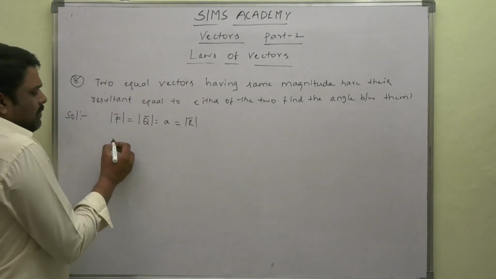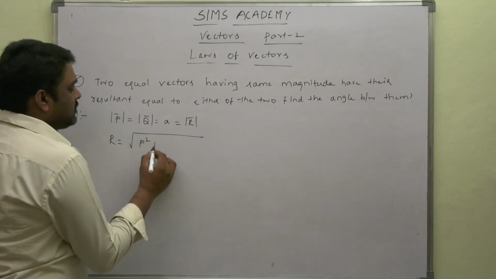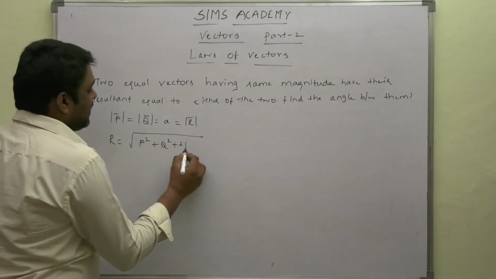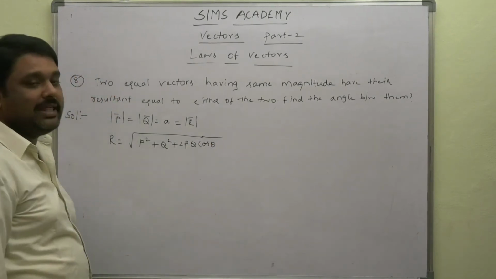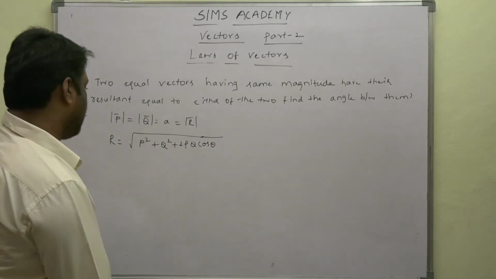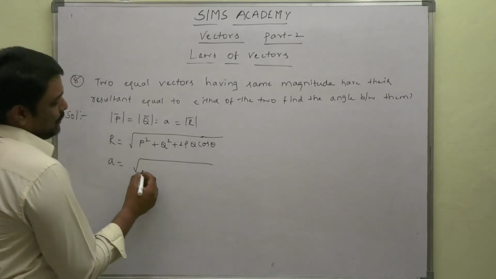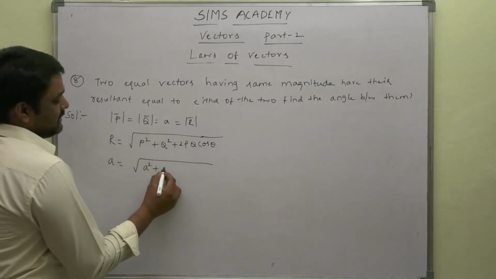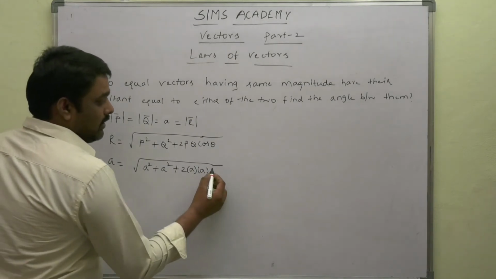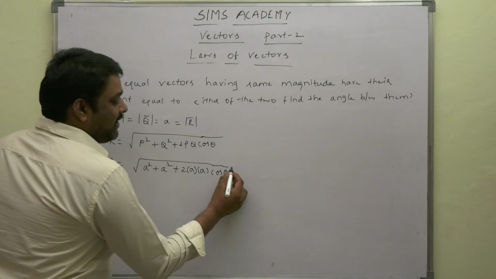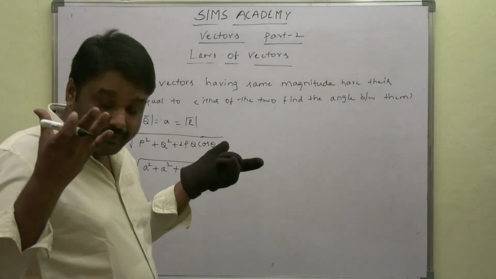Let us move on to the parallelogram law of vectors. The resultant is given by under root of P square plus Q square plus 2PQ cos of the angle between them, that is theta. Now resultant A equals under root of P is A, Q is A, into A. And we should find the value of theta.